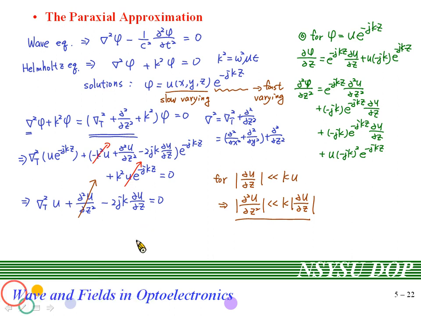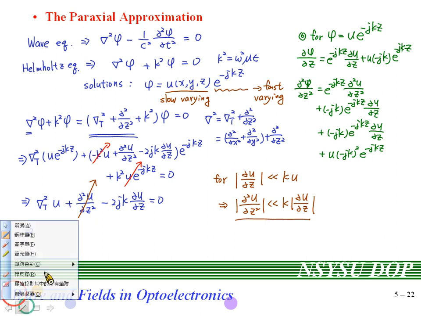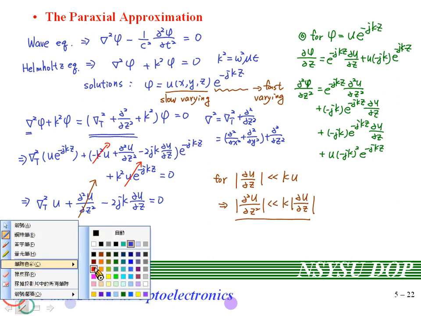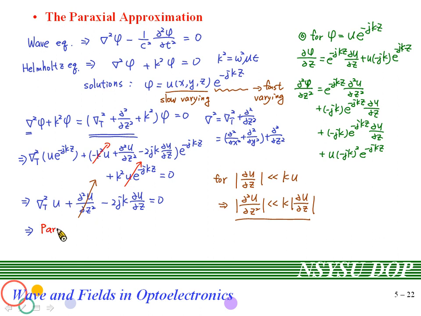Then, for the paraxial approximation, we obtain the paraxial wave equation, which gives us that the transverse Laplacian u minus 2jk partial u over partial z is 0. So you can find the value of u by solving this paraxial wave equation.